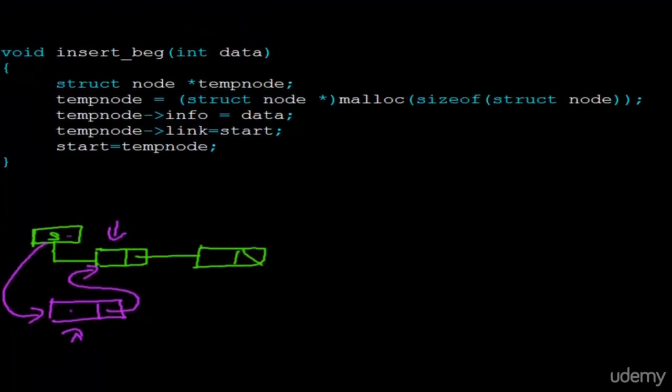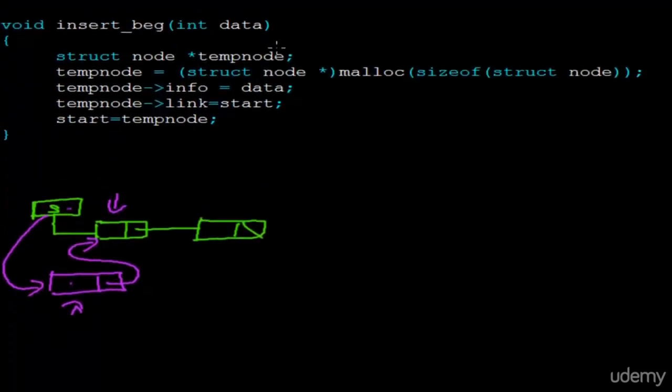This is a very simple and very small fragment of code. We are simply creating a temp node. This is the temp node. Then we are allocating the memory for it. Then we are copying the data into the info part.